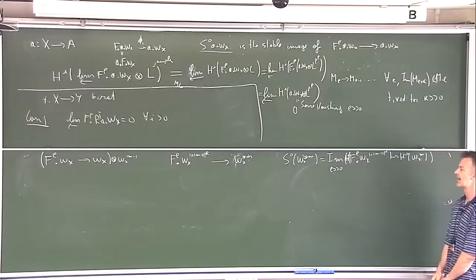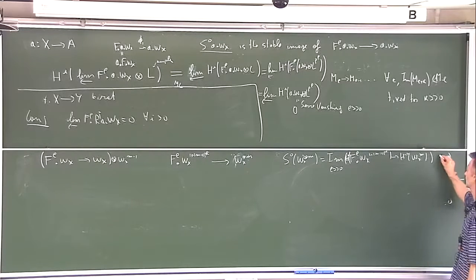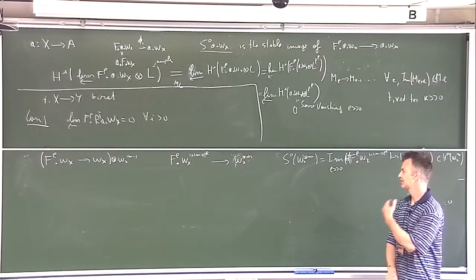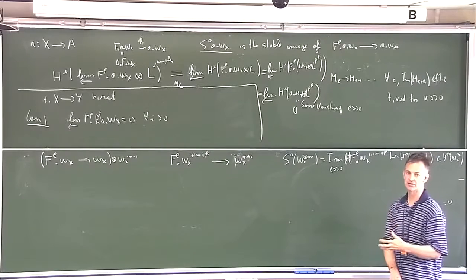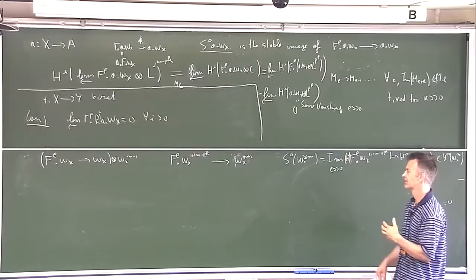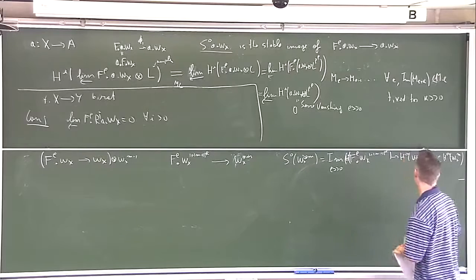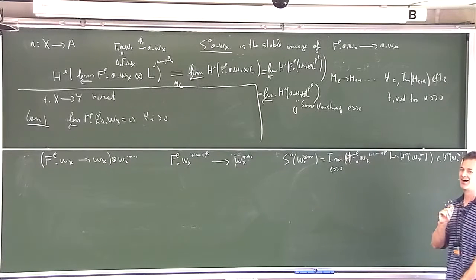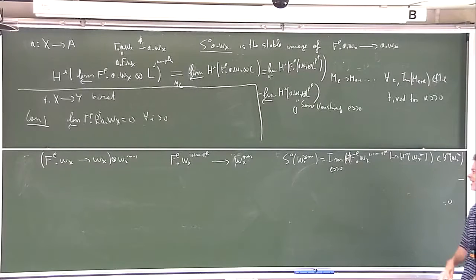Okay, and so this is clearly, by the definition, a subspace of H0 of omega_X^m. And somehow these are sort of the Frobenius stable sections, and they are better behaved than the overall sections. Is this finitely generated? Yeah, I'll tell you the answer in a second. The answer is probably not. I'll show you why.